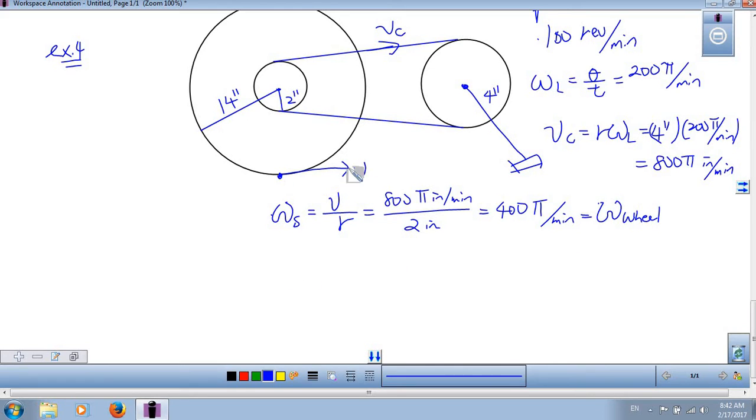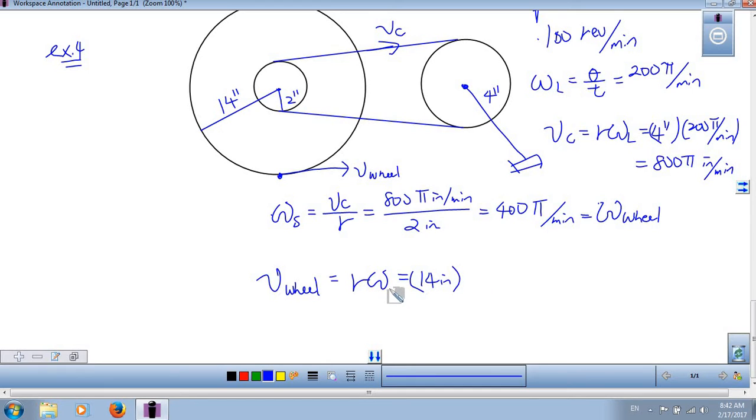Lastly, we have to figure out the velocity of the wheel. The velocity of the wheel is equal to r times omega, and r is 14 inches.